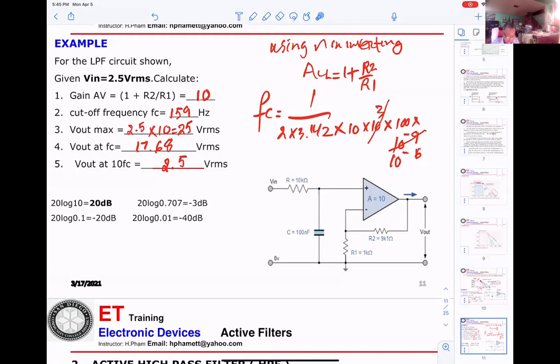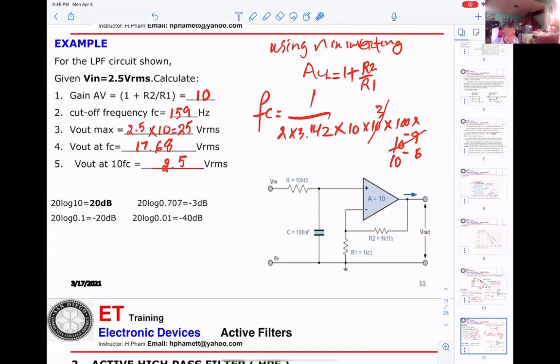Now they give an input of 2.5 volt RMS and want to know the gain. The gain again is 1 plus R2 over R1 in this example, and you get 10. For the cutoff frequency, you use the formula FC equals 1 over 2 pi R times C, and the calculation gives you 159 hertz.